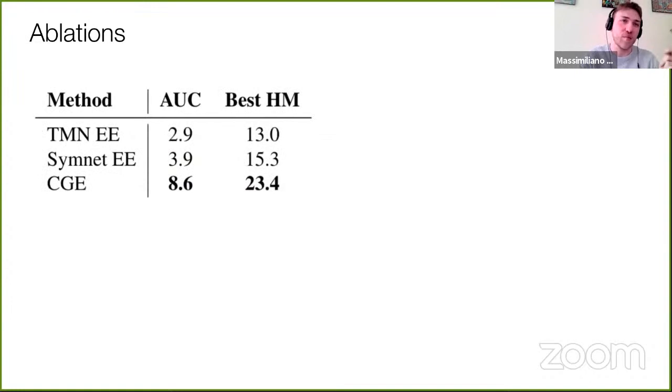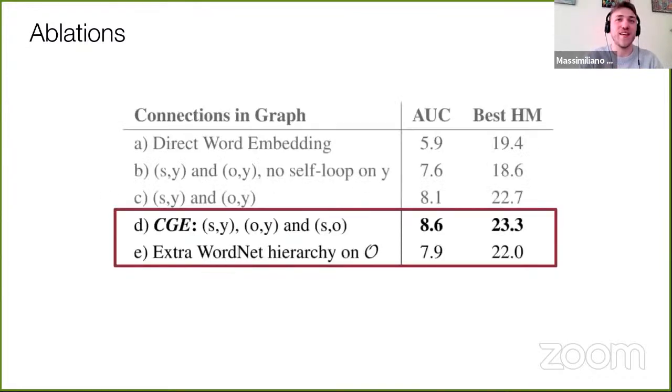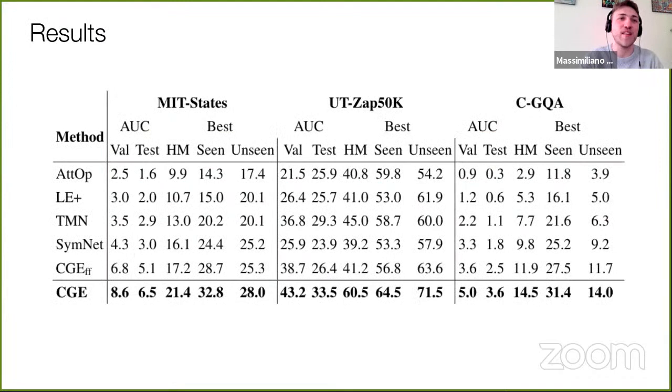This is a thing that I mentioned before. So this fact of having the end-to-end training working, looking at the results, one can say, okay, the method is working better just because there is the end-to-end training involved. But if end-to-end training is applied to other approaches, this is mid states, and as you can see, TMN and SymNet have a 3.5 and 4.3 AUC.